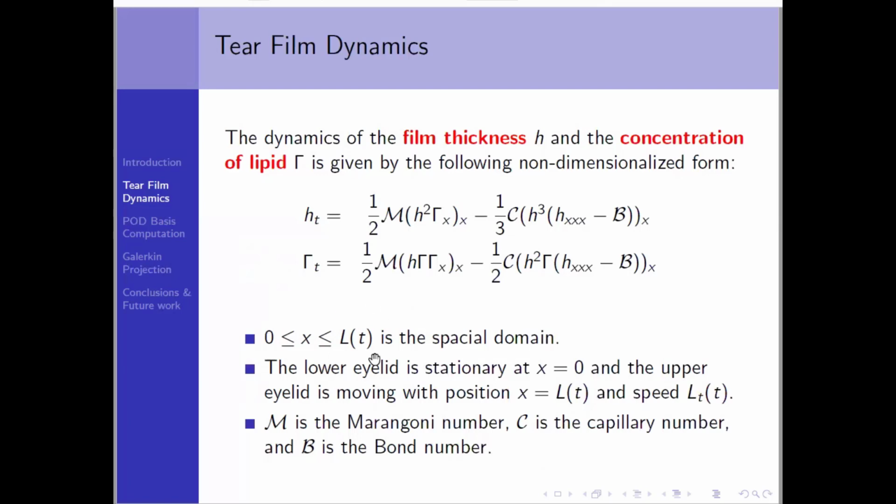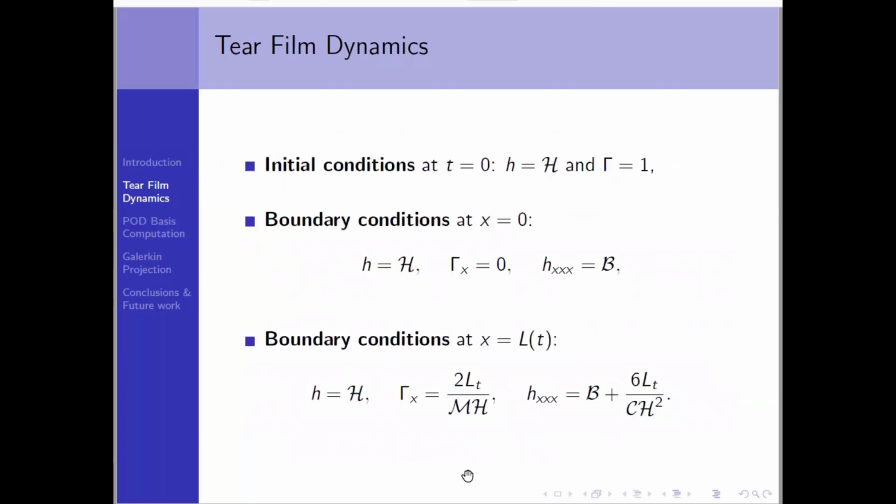Basically, we will move this mobility to the PDE domain. Parameters here: M is the Marangoni number, C is the capillary number, B is the bond number. These are the initial conditions and boundary conditions.